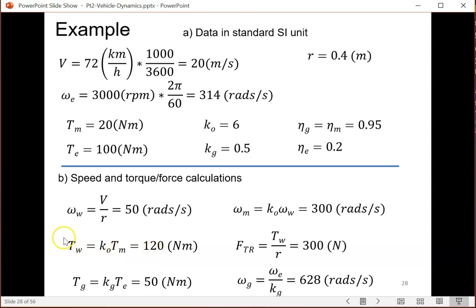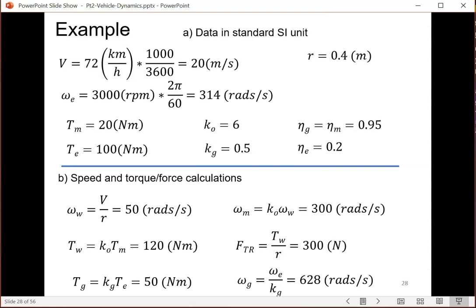If we know Tw, the torque of the wheels, then we can work out the traction force to drive the vehicle, which is the torque of the wheels divided by the radius. So 120 divided by 0.4 gives me 300 Newton. It's not a lot, but that's probably for a small car.